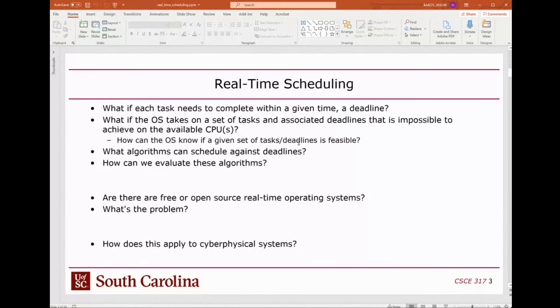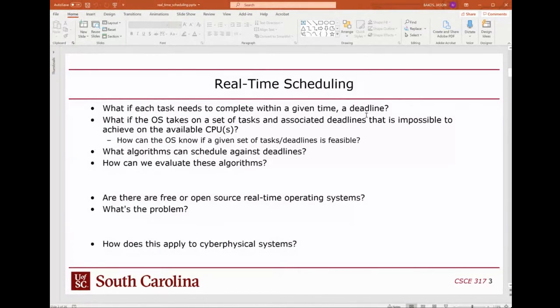And what if the operating system has a set of tasks and their associated deadlines, but it's impossible to meet those deadlines, given the task set, their deadlines and the CPU resources that are available? It may be impossible. But if it is impossible, how does the operating system know? Yeah, that's a good point. Thank you.